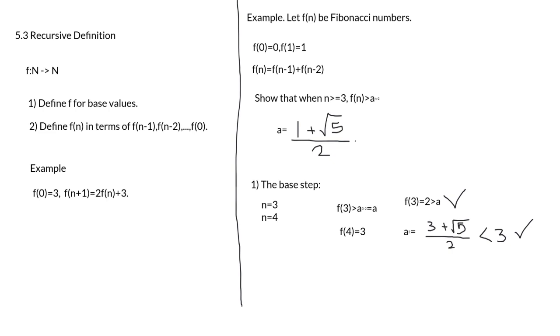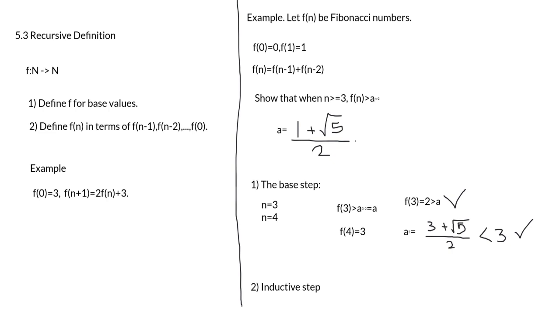And therefore, we also check our base case for n equal 4. The next step is the inductive step. In the inductive step, we use the recurrence relation to prove our statement for f of n if we know that our statement is true for f of n minus 1 and f of n minus 2.